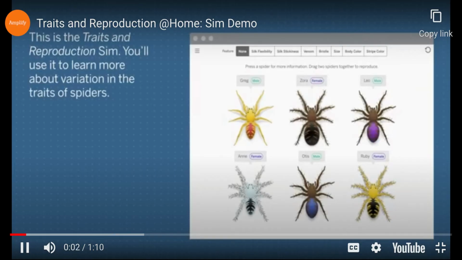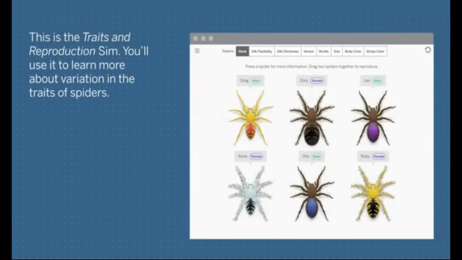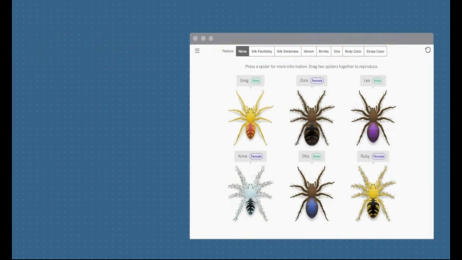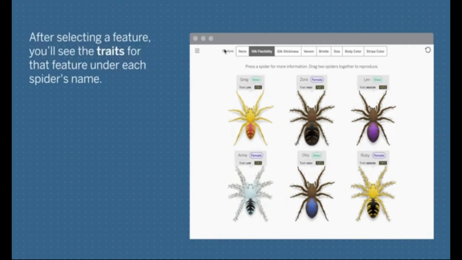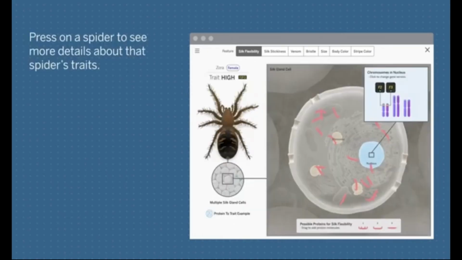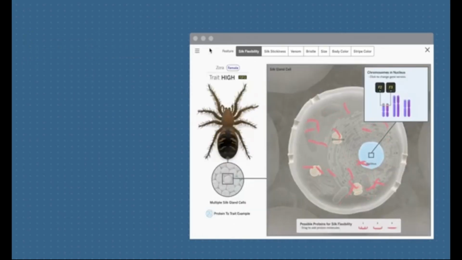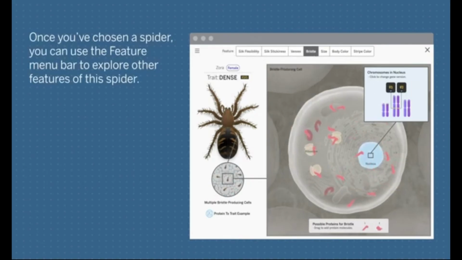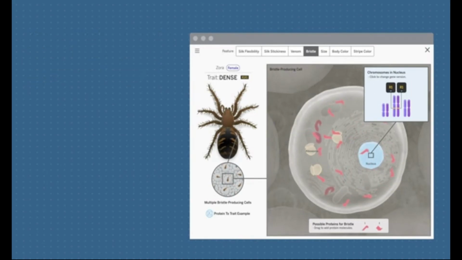This is the Traits and Reproduction Sim. You'll use it to learn more about variation in the traits of spiders. At the top is the Feature menu bar. This lets you examine different features for the spiders. After selecting a feature, you'll see the traits for that feature under each spider's name. Press on a spider to see more details about that spider's traits. Once you've chosen a spider, you can use the feature menu bar to explore other features of this spider.